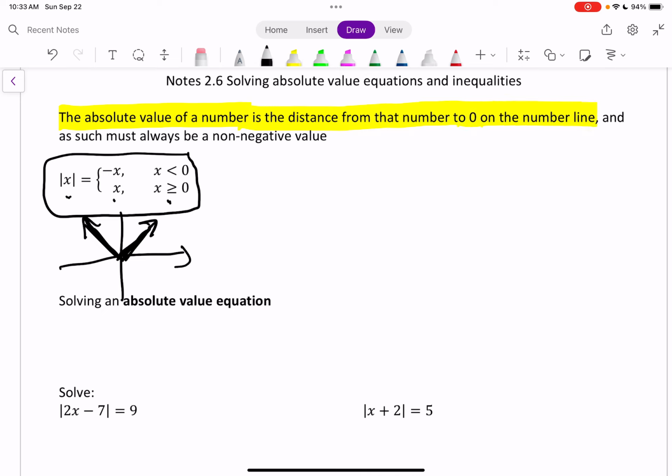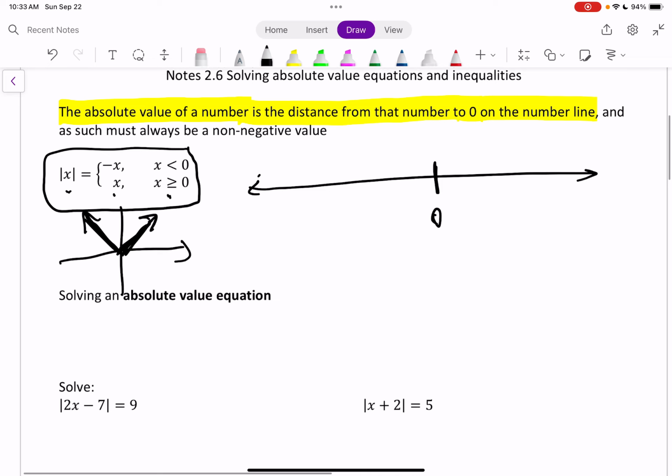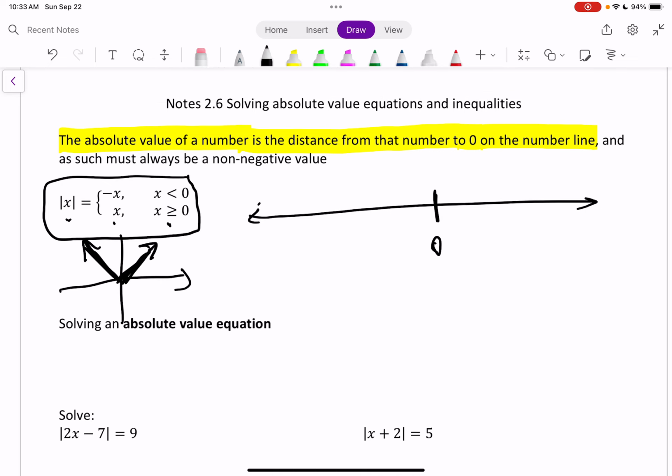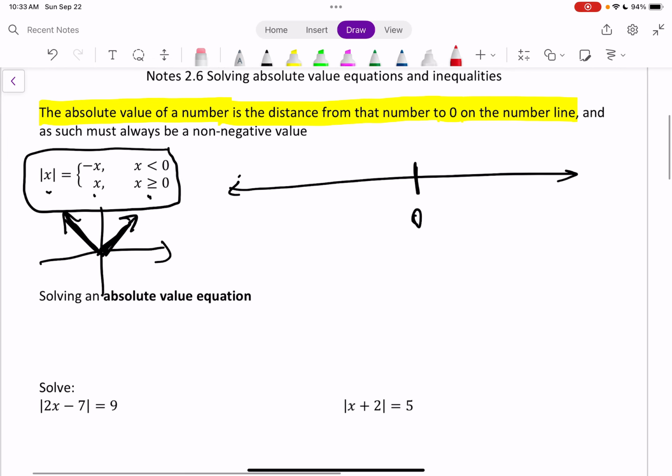So here it is, the number line. What does it mean to find the absolute value of some kind of number x? Let's say I'm picking the number 3. What is the absolute value of 3?